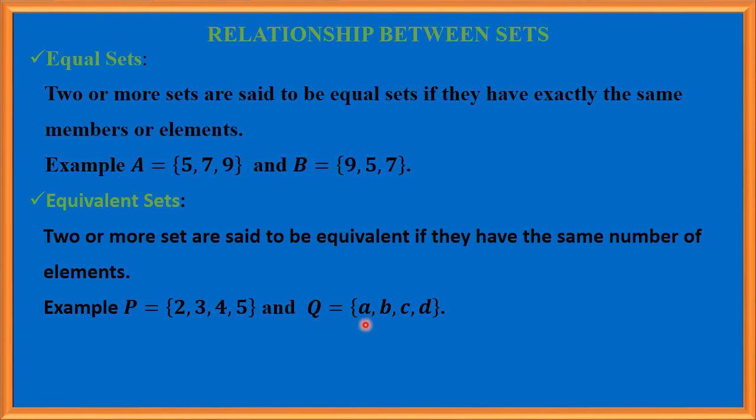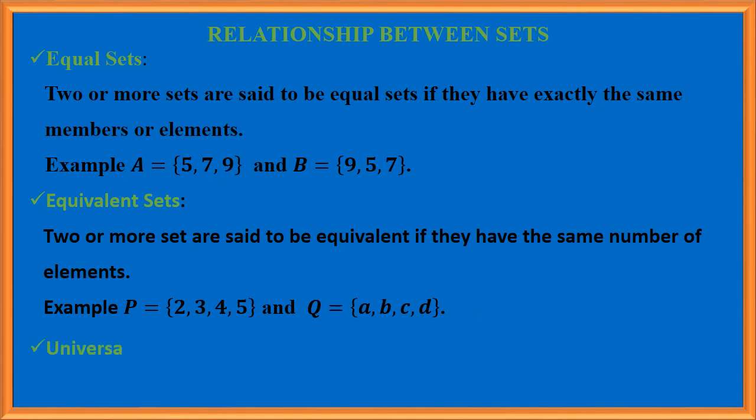This also has 1, 2, 3, 4 elements. So this makes them equivalent sets. So when you look at the difference between equal sets and equivalent sets, in equal sets the elements must be the same, but in equivalent sets the number of elements must be the same.